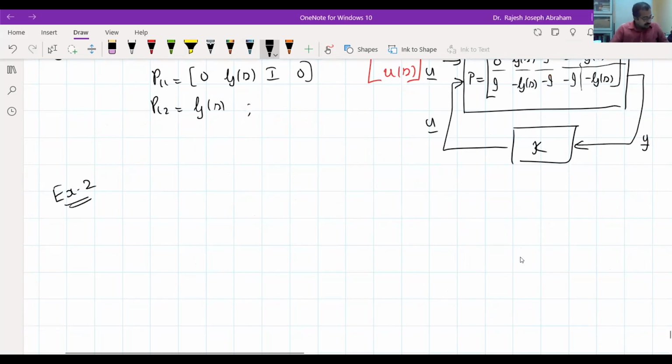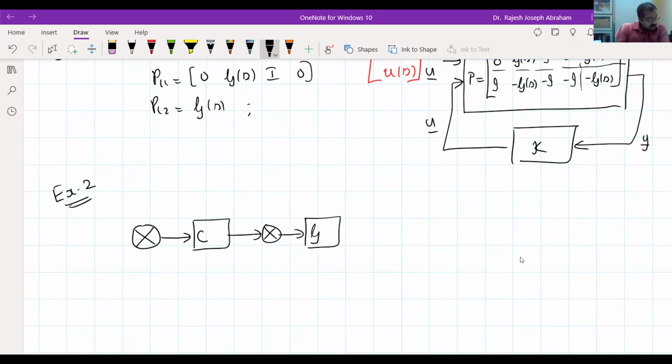You are given another block diagram like this. This is the controller C. C means C of S, don't forget. That's the summing point. Here we have a nominal plant G of S. And here W2. What is W2? W2 is called a weighting function. That we will see more of later, not now.